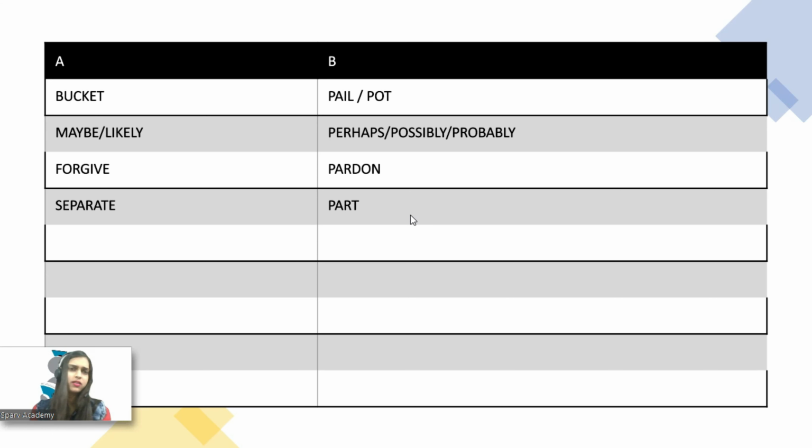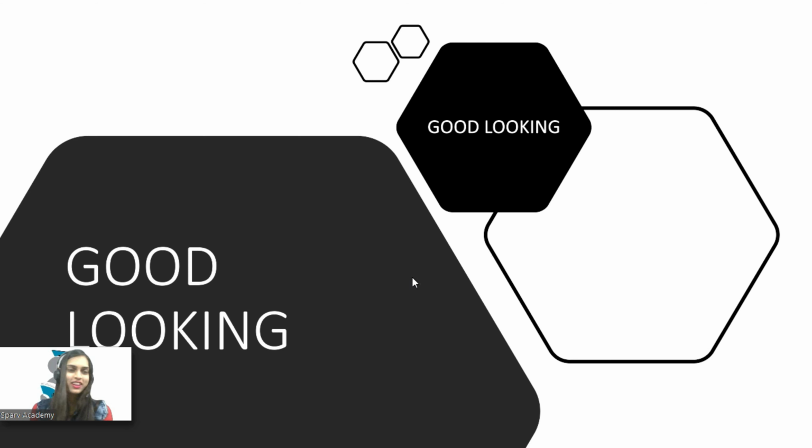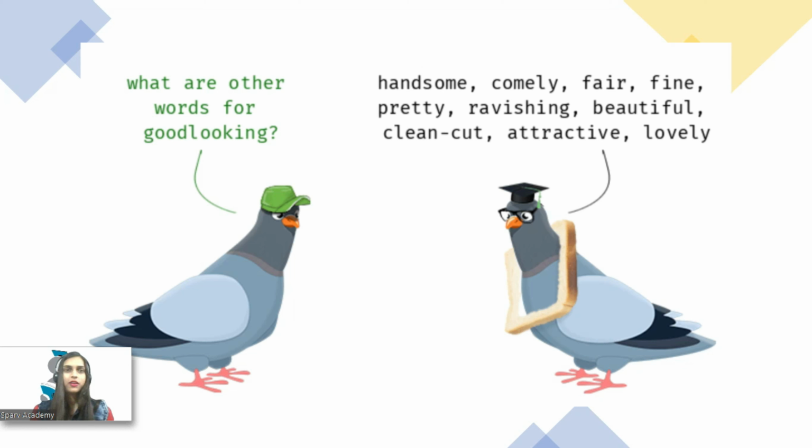Good looking. Okay, so synonyms of good looking, and the word which starts with the letter P. So here, let's see. Okay, so good looking: handsome, fair, fine, pretty, ravishing, beautiful, clean cut, attractive, lovely.